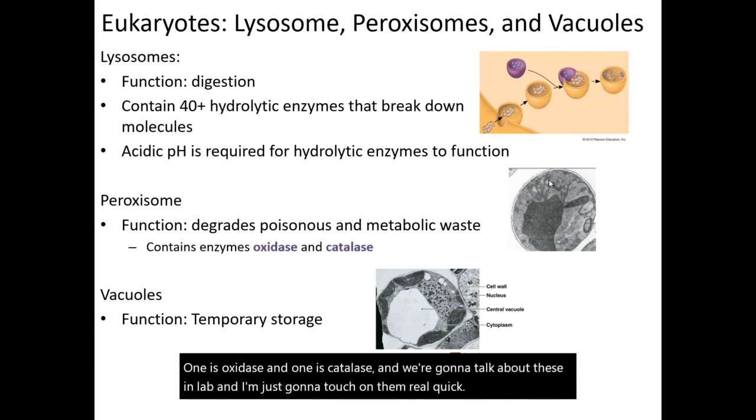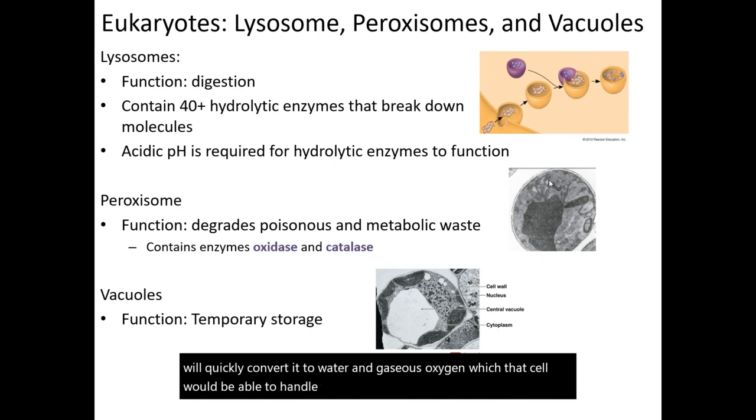So catalase, let's just kind of focus our attention on that one for right now. Catalase is able to break down hydrogen peroxide, which is H2O2, into water and gaseous oxygen. So if hydrogen peroxide is produced as an intermediate, then catalase will quickly convert it to water and gaseous oxygen, which that cell would be able to handle.